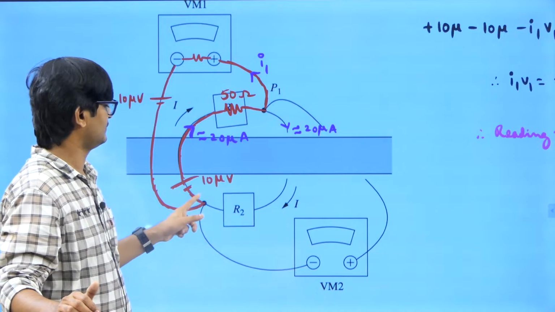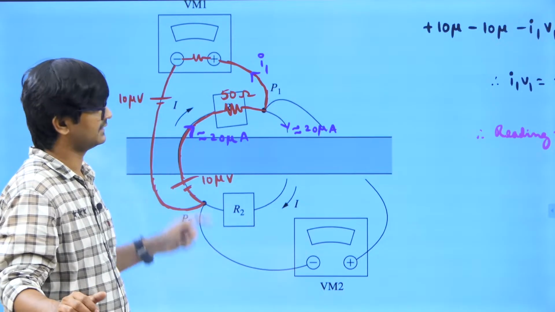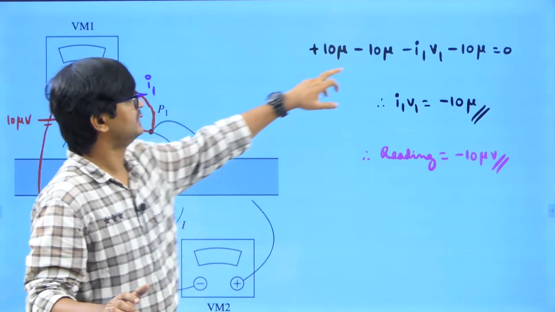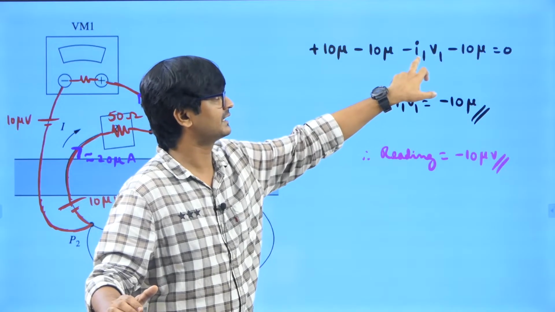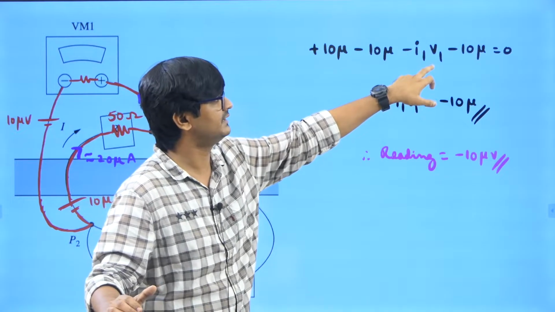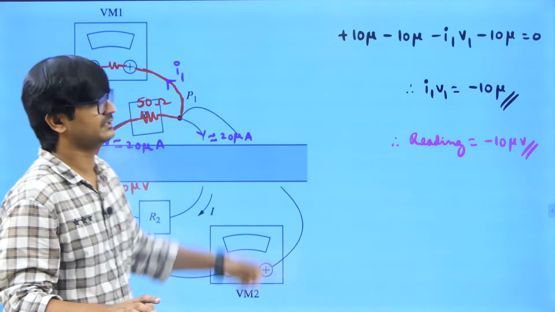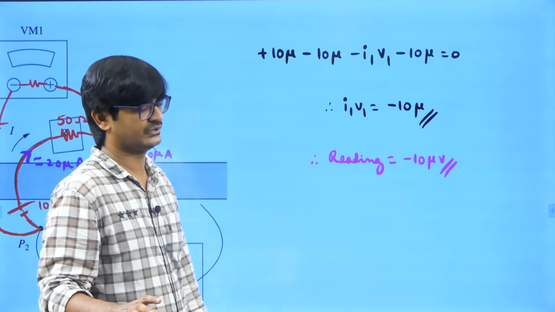So again when I write the loop equation, plus 10 minus I into R minus I into R minus 10, right? Plus 10 minus I into R is going to be 10 in magnitude. So minus I1 V1, which is current in voltmeter into resistance of voltmeter, minus EMF, this EMF, right, is equal to 0. From there I1 V1 is equal to minus 10 microvolt.